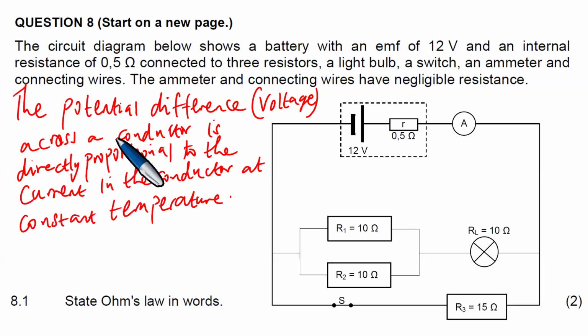The potential difference across a conductor is directly proportional to the current in the conductor at constant temperature. The potential difference or voltage across a conductor is directly proportional to the current in the conductor at constant temperature.